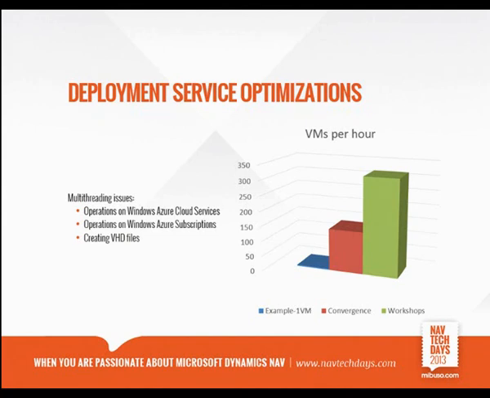Then, of course, each operation, like select subscription, has to be locked and executed by one thread at a time. Creating VHD files can also only be run by one thread at a time. Plus we made some optimizations, like we attached the VHD from storage to the VM, replicating that image dynamically and attaching it to multiple VMs at the same time.